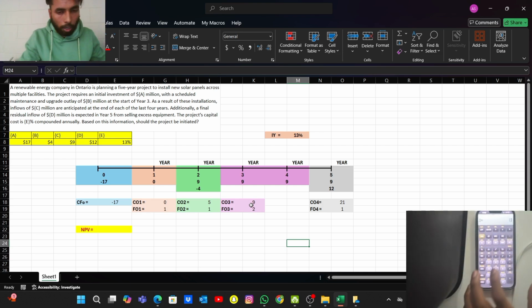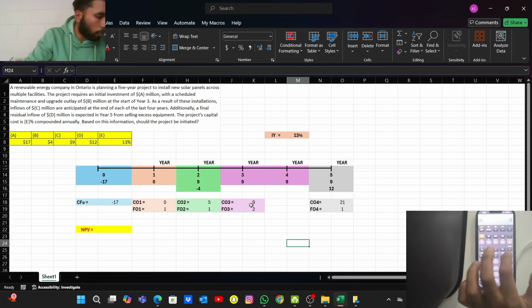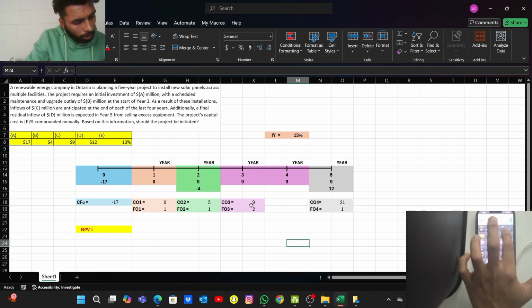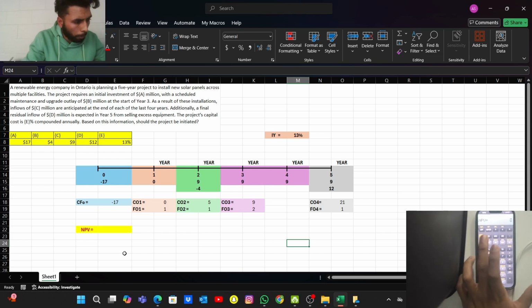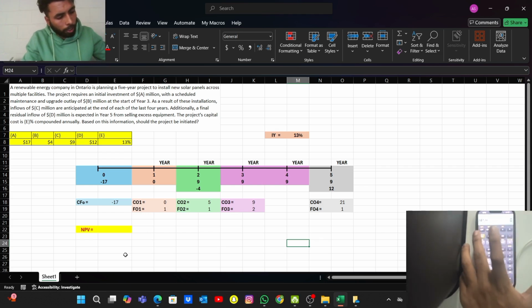Enter. After that we need to find NPV, so press NPV, and to get the exact value press the compute key.